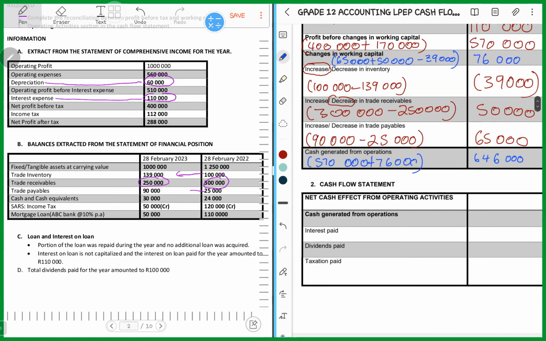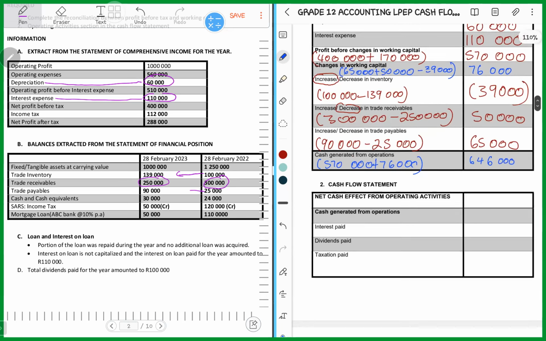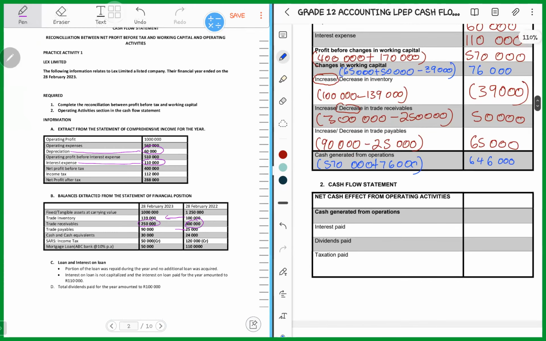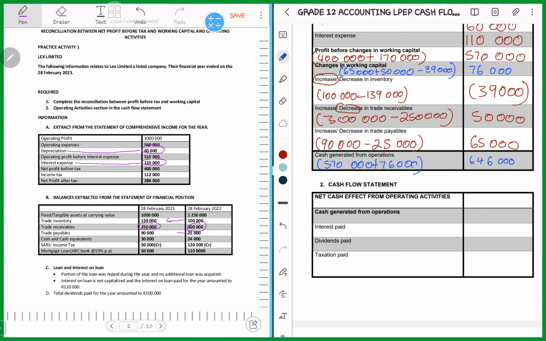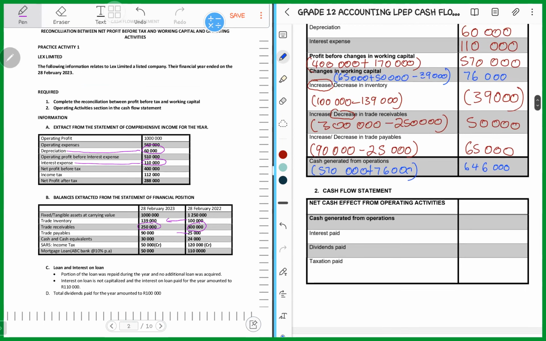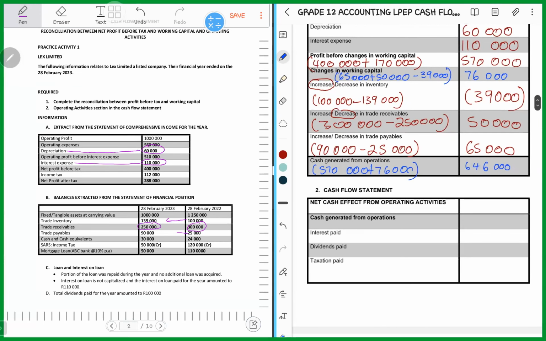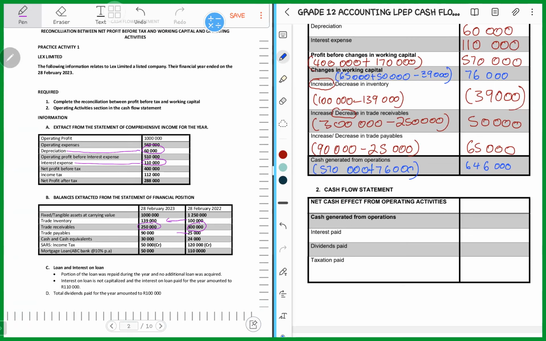Okay, so remember the second requirement is that we should prepare the section of the operating activities in the cash flow statement to show the net cash effect from operating activities. Remember earlier on in the reconciliation of profit before tax and changes in working capital, we only determined the cash generated from operations, from our day-to-day buying and selling of inventory.